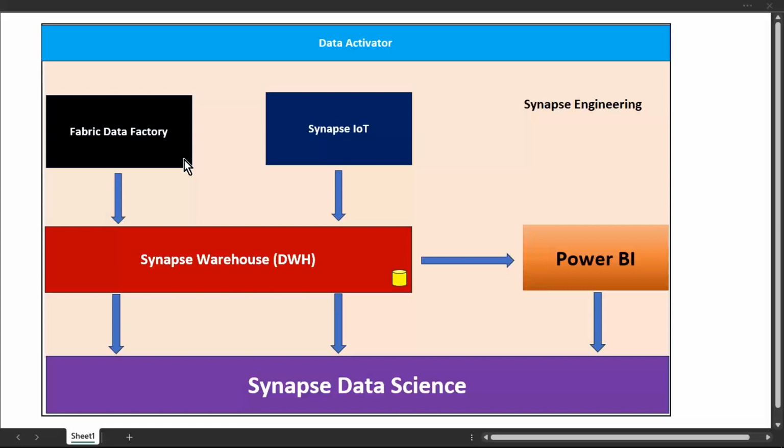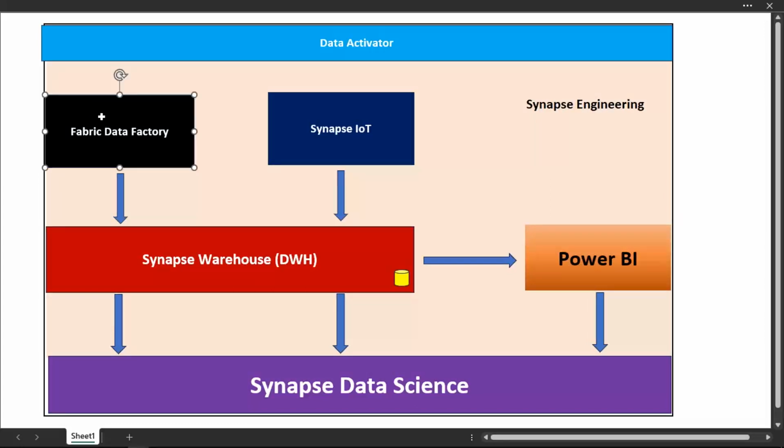Fabric Data Factory first, we'll start from there. And from Data Factory, we'll slowly step into warehouse, black to red box. Next, we shall be understanding some limitations with Fabric Data Factory.